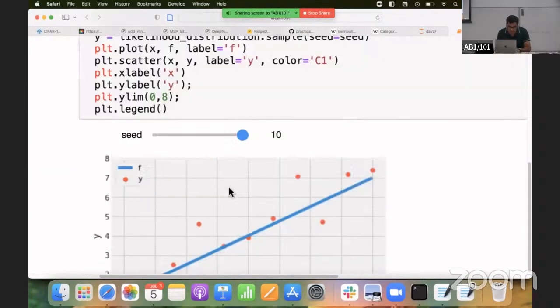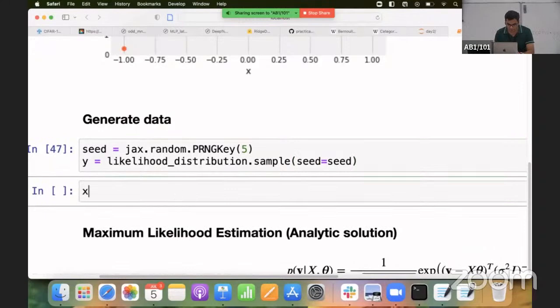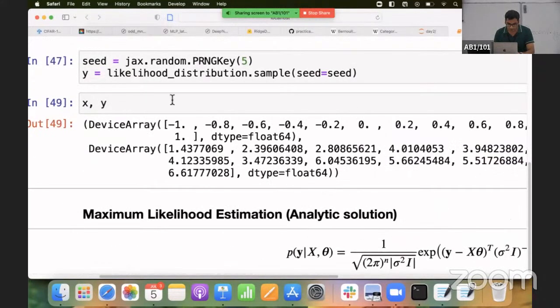I can actually maybe show you. So you have x and corresponding y.